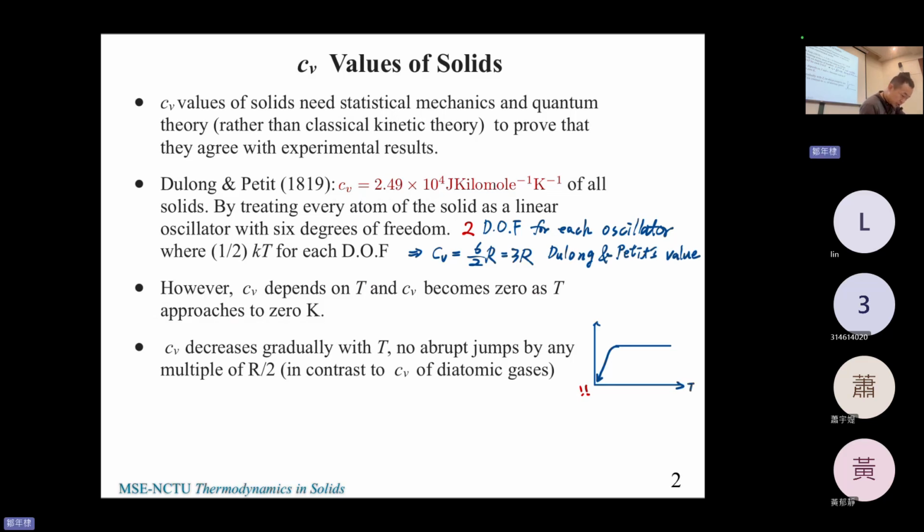This is temperature, this is CV. We need to find a model or a theory to explain this. Also, the CV in the solid decreases gradually with T, but not stair-like as in diatomic gas. So we cannot use exactly the same theory as for diatomic. We need to invent a new one.